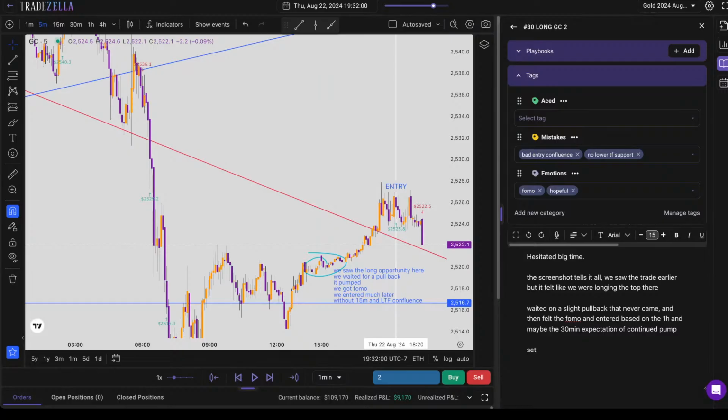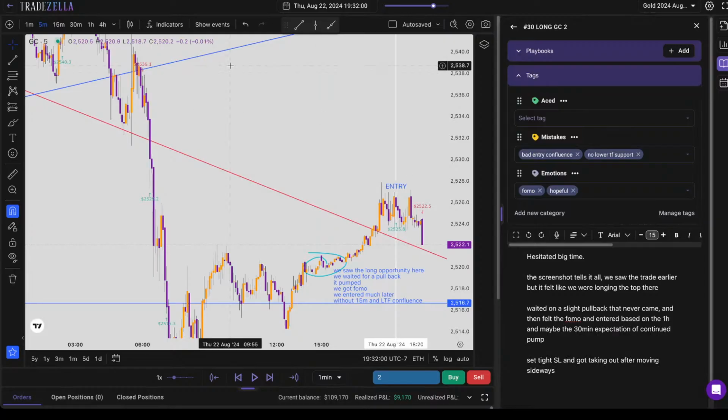We set tight stop loss and got taken out after moving sideways. Let's put the screenshot in here.